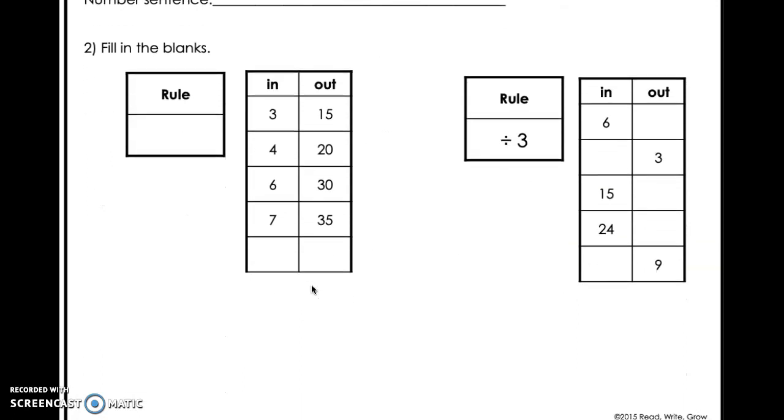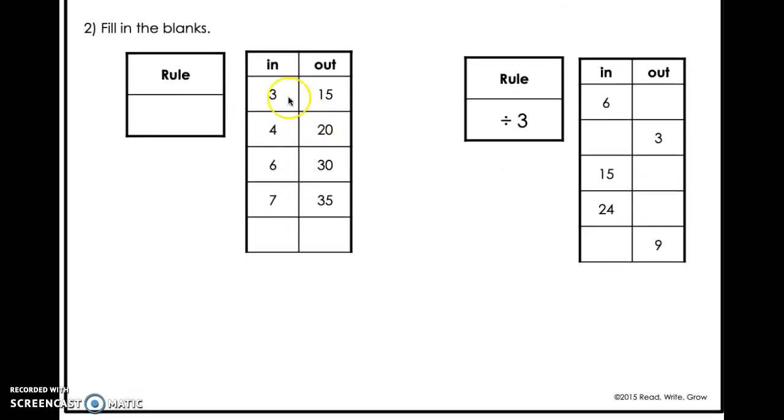Now going down, fill in the blanks. You have to figure out what this rule is. Now, the first thing you would do is look at the number going in and the number coming out. Is the number growing or is it going smaller? If it's going smaller, then it's subtracting. It's not going smaller. So let me think. 3 plus what is 15?